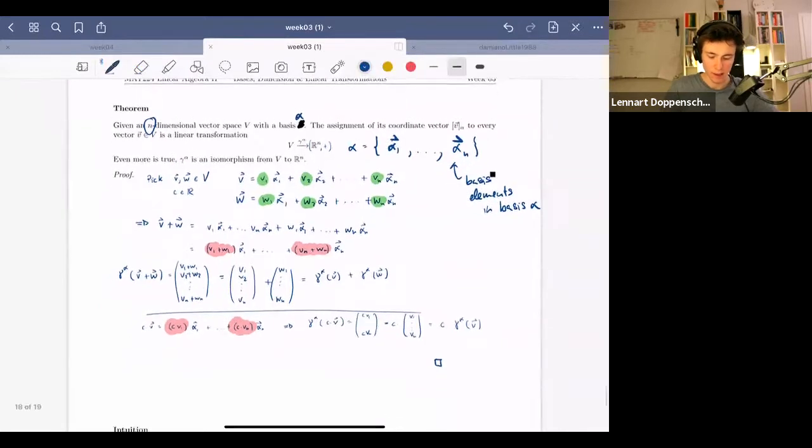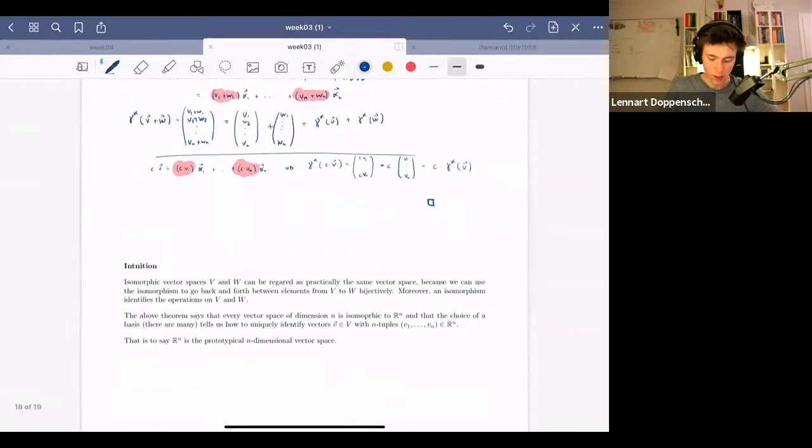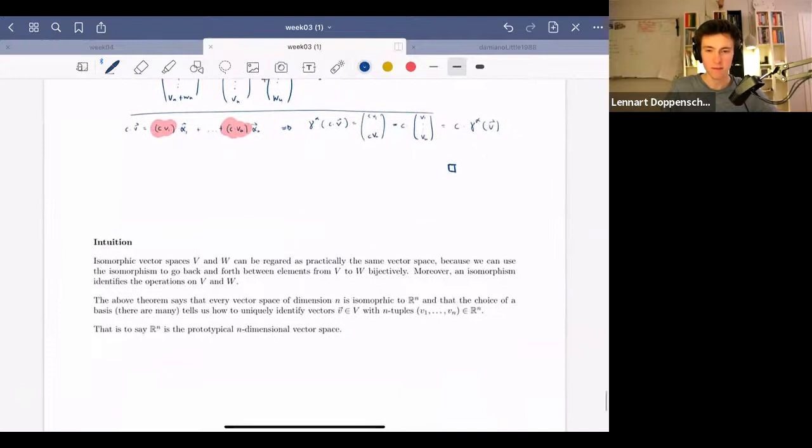But remember that yesterday I already taught you something about isomorphisms, and the intuition here is that the map gamma alpha is identifying every n-dimensional vector space with Rn. So no matter if you have two different vector spaces of the same dimension, they both have this map as long as you choose a basis. And we've seen that you can always choose a basis.